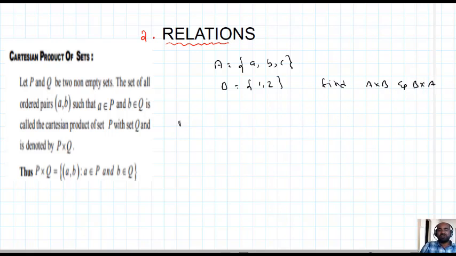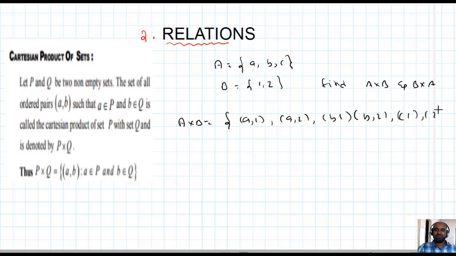First of all, I want to find A cross B. A cross B means the set of ordered pairs where the first component belongs to set A and the second component belongs to set B. Logically you write (a, 1), (a, 2), next (b, 1), (b, 2), (c, 1) and (c, 2). A cross B completed.